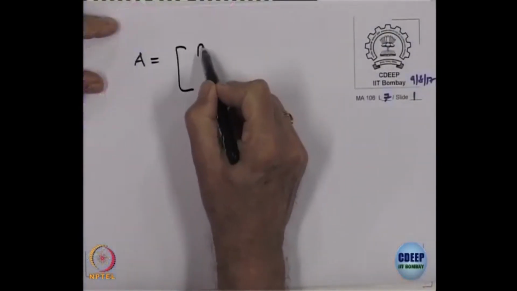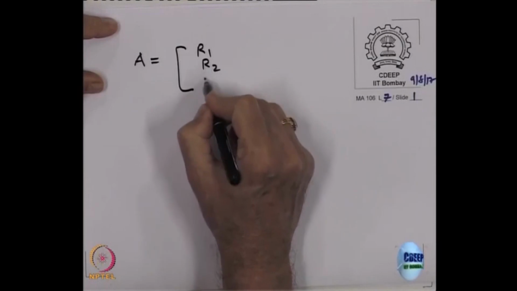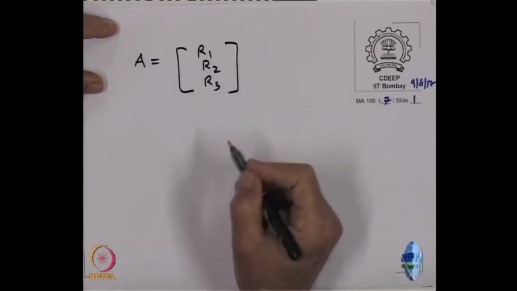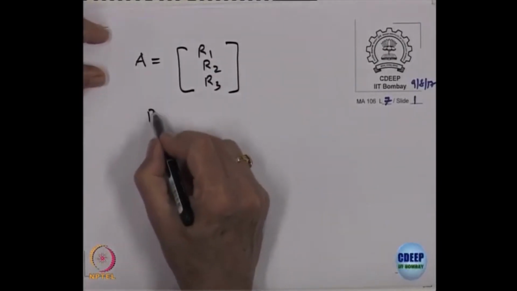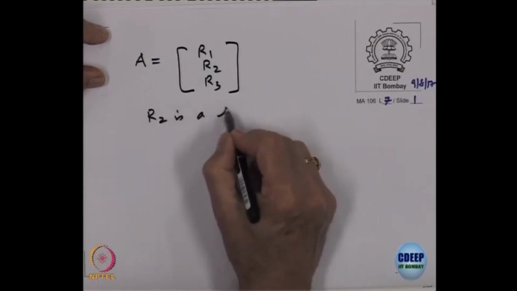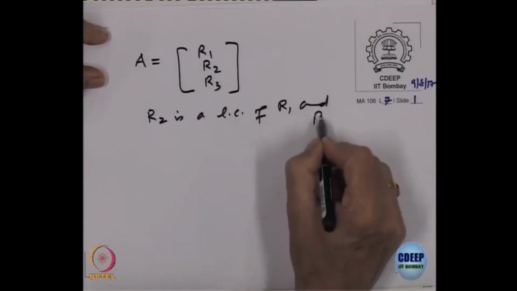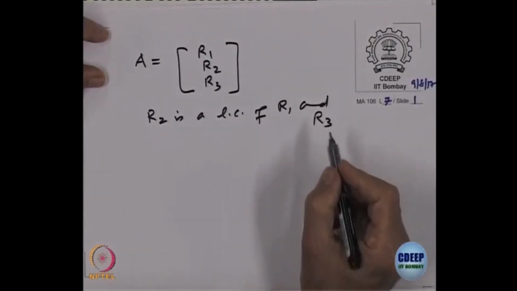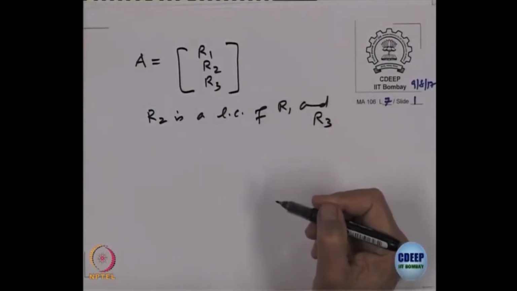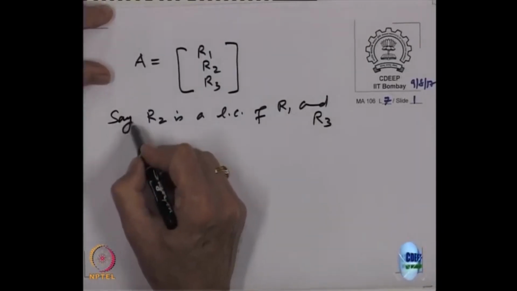So, let us take a matrix A, which has R1 here, R2 here and R3 here, right. Let us say R2 is a linear combination of R1 and R3. They are dependent. So, one of them will be a linear combination, let us say R2.